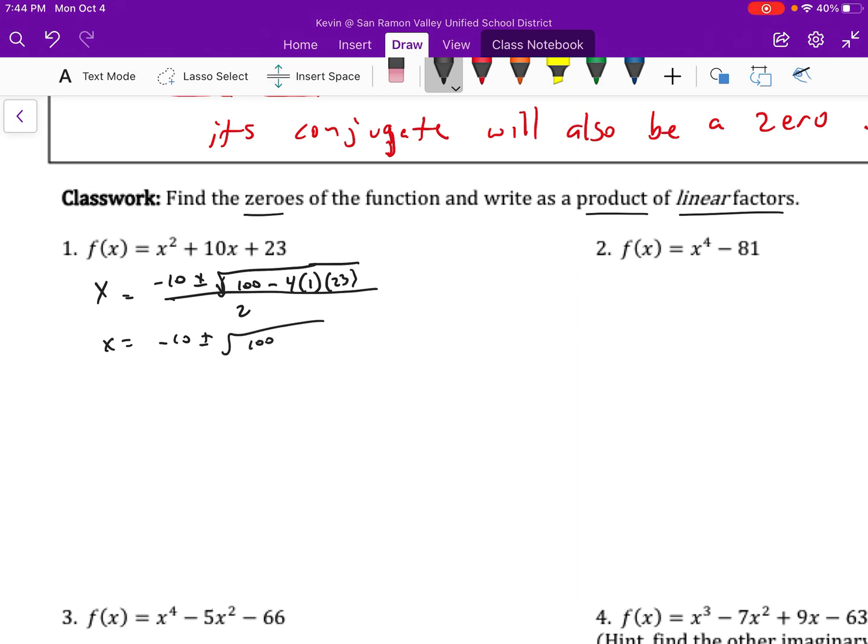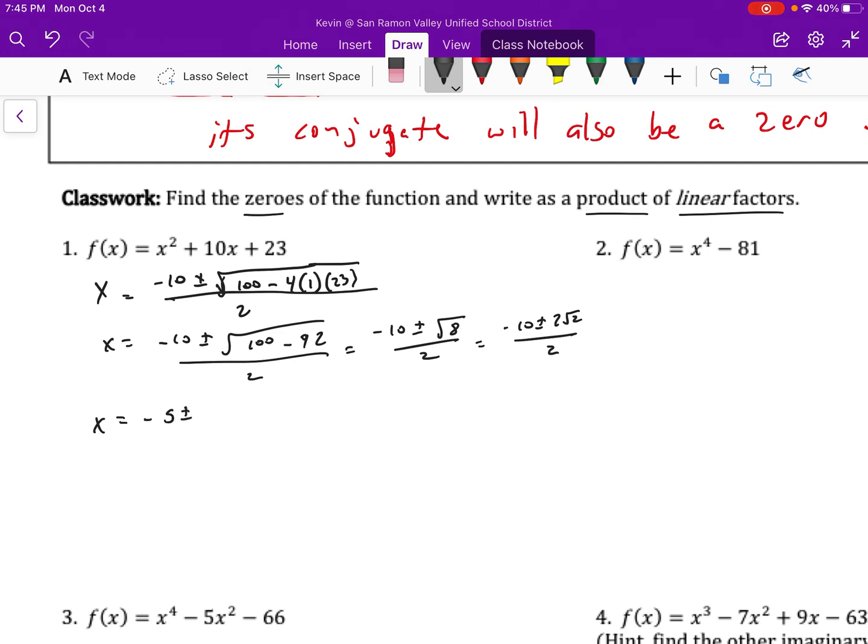Negative 10 plus or minus the square root of 100 minus 92, all of that over 2. That's going to be plus or minus 8 over 2. Simplify that: negative 10 plus or minus 2 root 2 over 2.